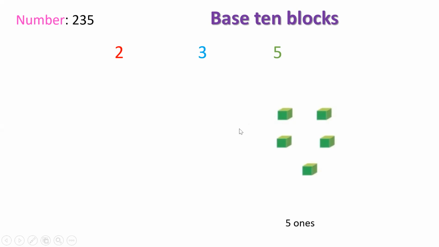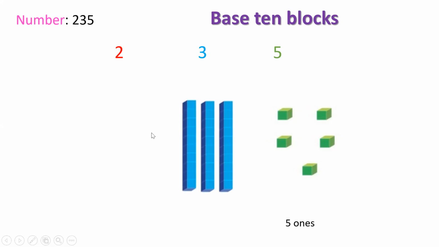Now let's move to the tens digit. I have 3 in the tens digit. To describe the tens digit, I will use longs. So how many longs will I use to describe this number? Yes, 1, 2, and 3. That's right.